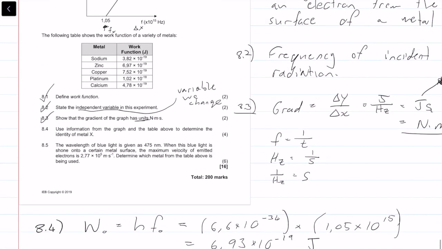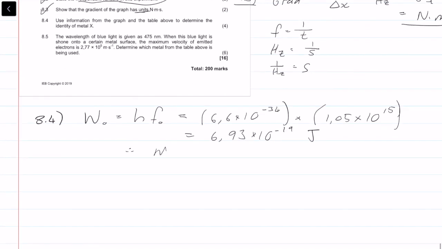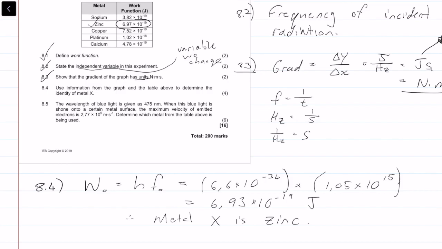If we look at the work functions, it's pretty much equal to that one, or the closest one is that. So we can say, therefore, metal X is zinc. Cool stuff, and we've got 4 marks right there.